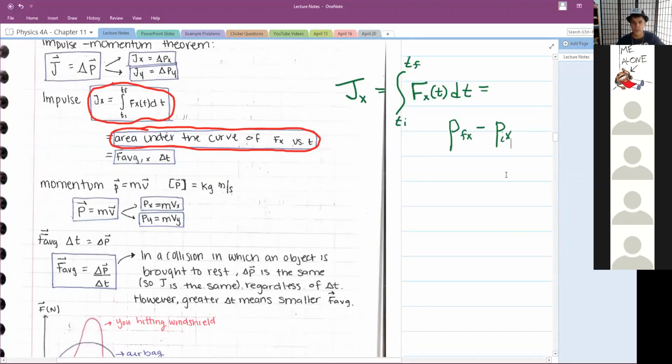Two different ways of looking at the impulse. It's either the area under the curve of force with respect to time, or it's also equal to the average force times delta t.